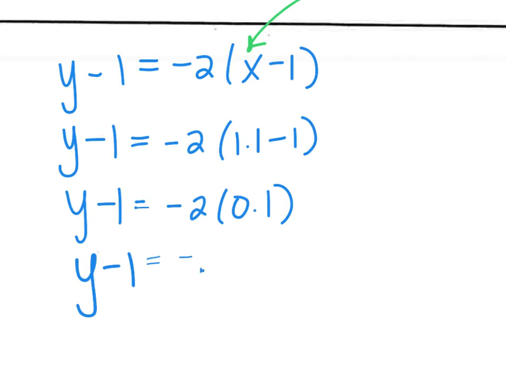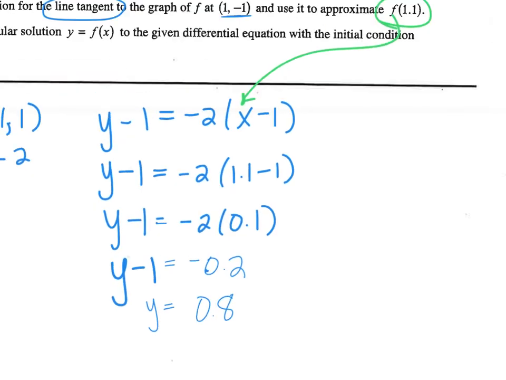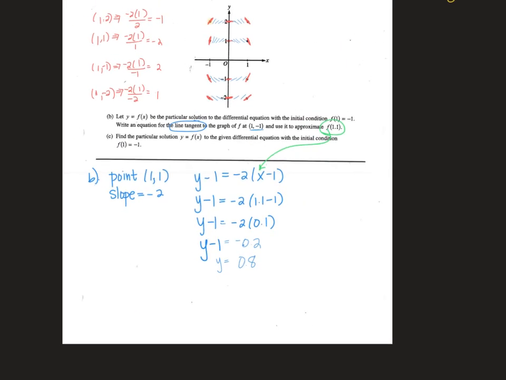So negative 0.2. Add 1 to both sides. Okay, when you add 1 to both sides, you get 0.8. And so we are estimating that the approximation for 1.1 on the graph would be 0.8.